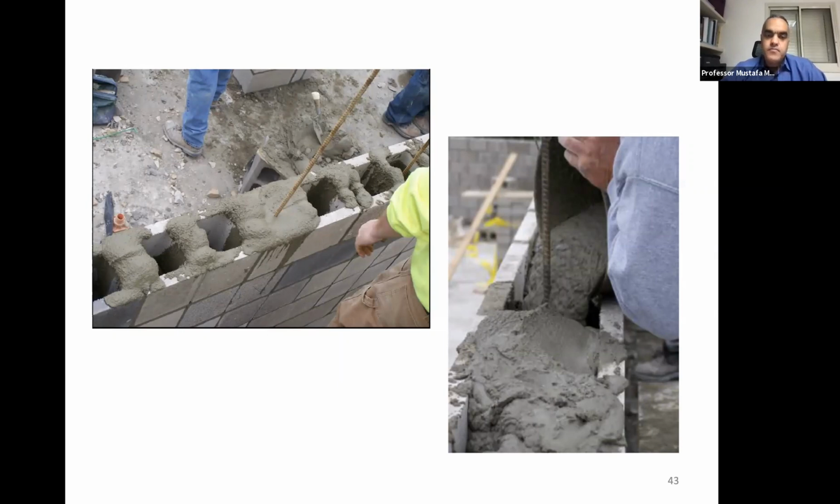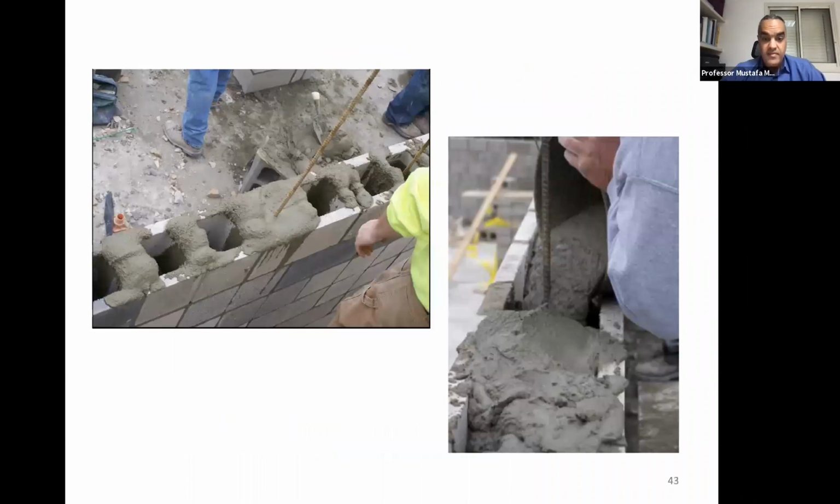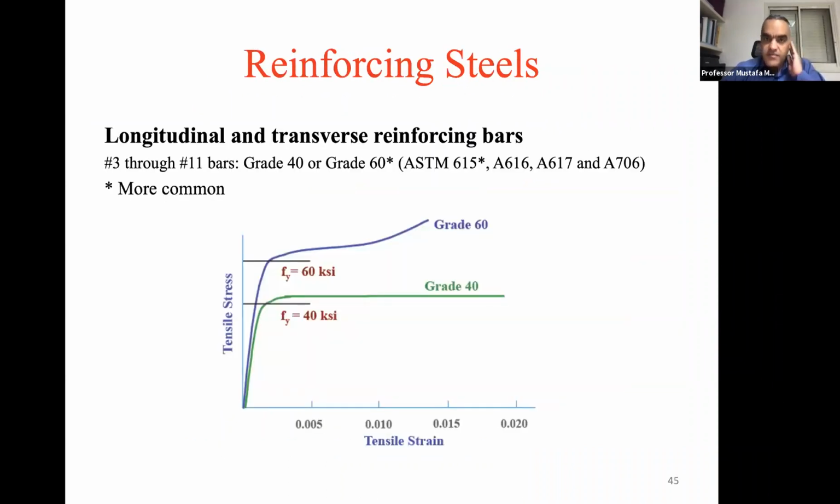Okay. And here you have the proportions for the grout mix, using the Portland cement, fine aggregate, coarse aggregate, and then hydrated lime. We have also Tech Note 9.4, that's grout for concrete masonry. That's another one that you can use. So we have 3.2 and we have 9.4 also for the mix of the grout.